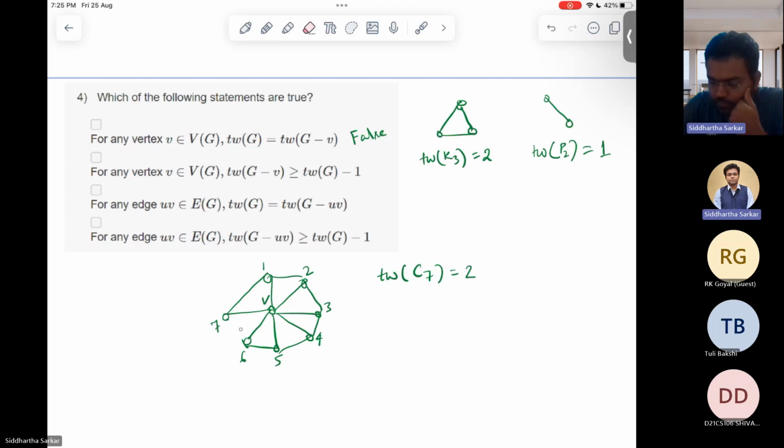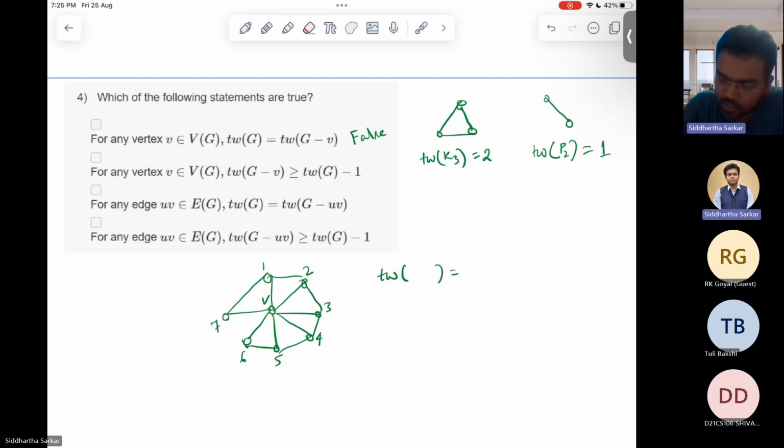We have a path. But here we have removed an edge and not any vertex. But the statement says the tree width of G minus V, so we'll have to remove a vertex only. Yes, that is fine.